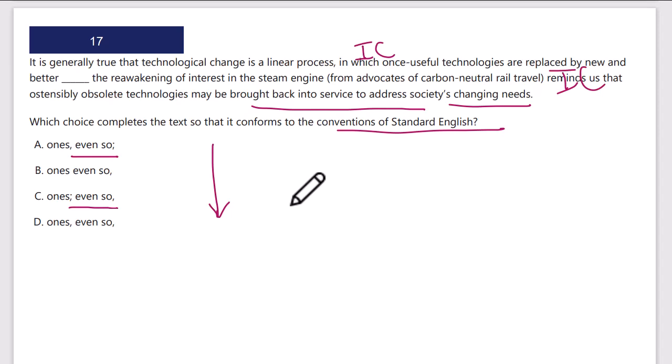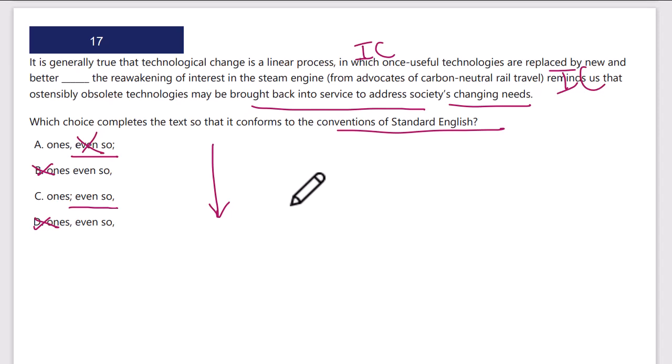So again, it's not going to be the commas, B or D. We need a semicolon here. And the only question is whether even so comes before or after. So in which once useful technologies are replaced by new and better ones, even so, I think the even so goes after the semicolon.